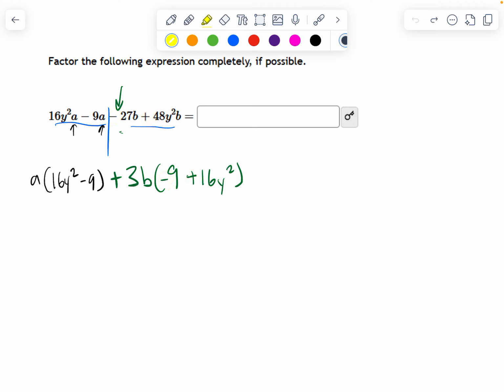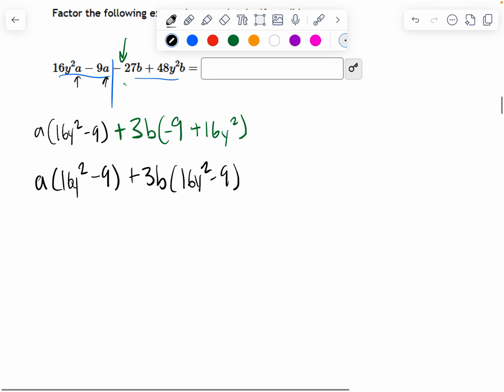And then I'd say, okay, do they match now? They do, because you can just rearrange this. Negative 9 plus 16 is the same thing as 16 minus 9. We can just rearrange. So I'm going to do that so it looks a lot more similar. 9 plus 3b, 16y squared minus 9. All right, so exact same parentheses.